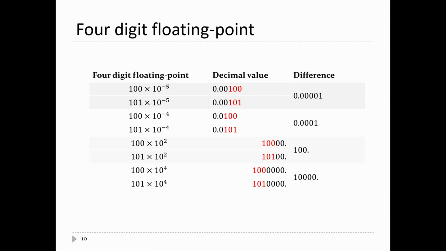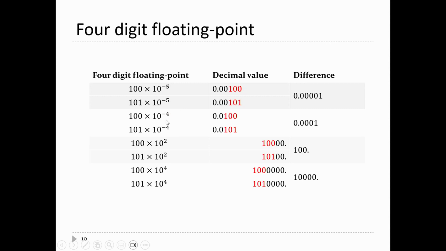You say, okay, that's interesting. I can represent that number, and I can represent that number, but I can't represent anything in between those two numbers. Notice that the distance between numbers is that. Now what happens if I change the exponent? What happens if I go to the exponent minus 4?